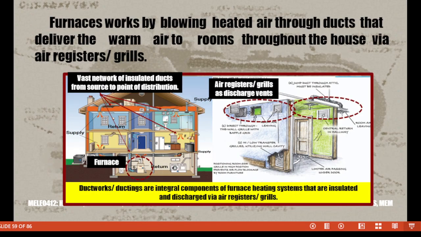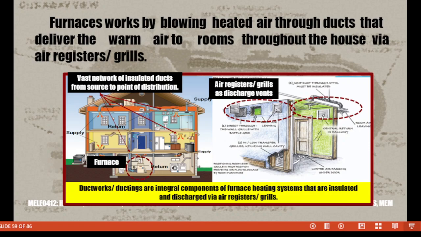So paano ba gumagana yung tinutukoy nating furnaces? So furnaces work by blowing air across heated plates or heated tubes known as heat exchangers. So this takes place by conduction, kasi meron tayong solid, and then since meron tayong process ng gases, meron din tayong tinatawag na convection, mode of heat transfer.